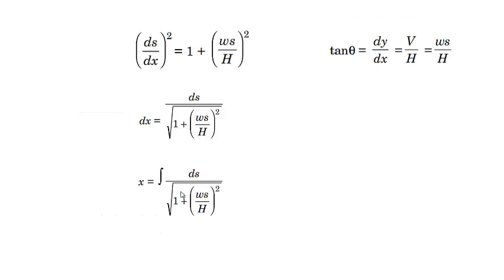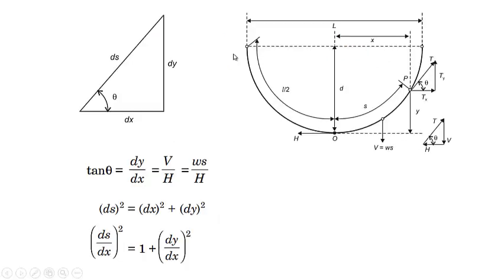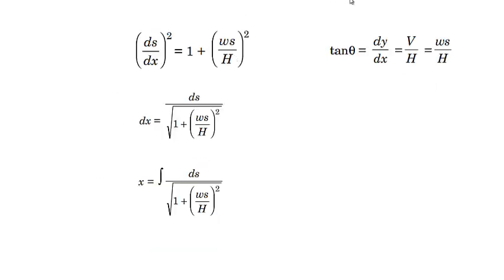Simplifying this and putting the value of dy by dx as ws by h, it comes out to be ds by dx whole square is equal to 1 plus ws by h whole square.